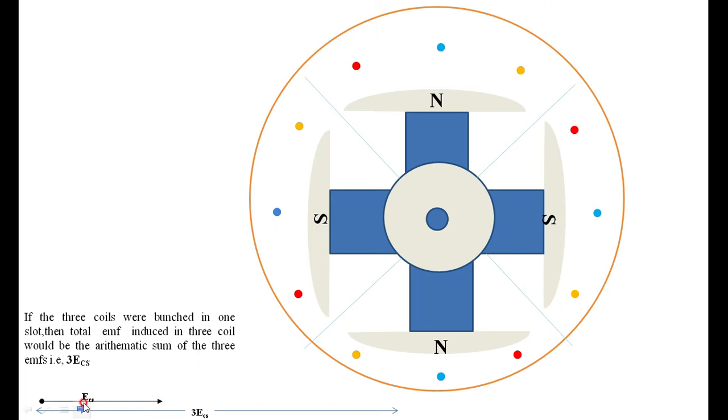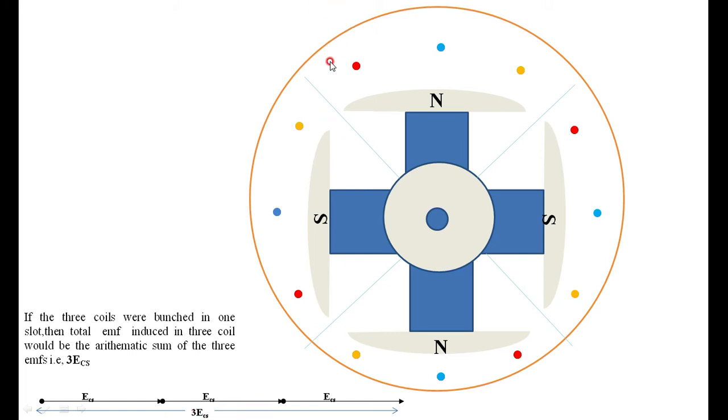Therefore, ECS is the induced voltage in the first conductor, ECS in the second conductor, ECS in the third conductor. All these 3 conductors are placed in a single slot, so they add algebraically and we get 3 times ECS.